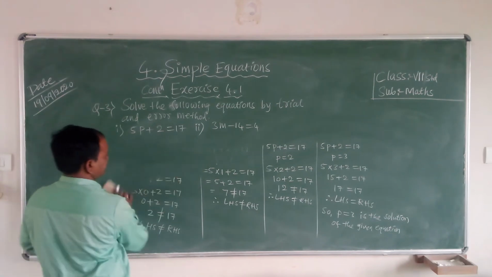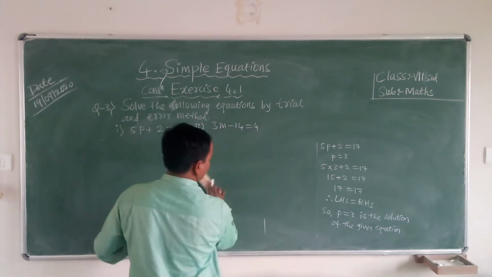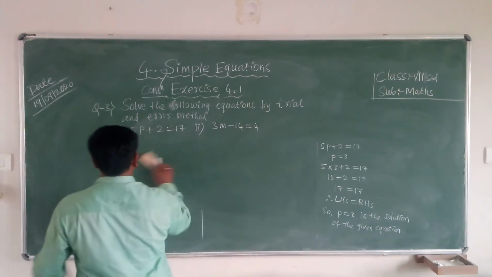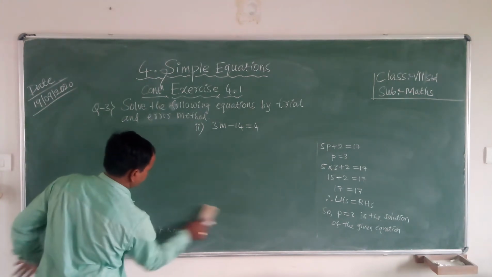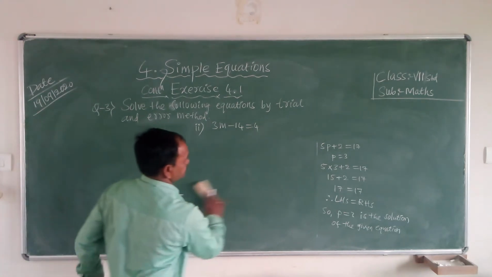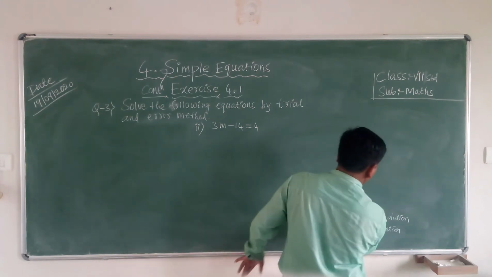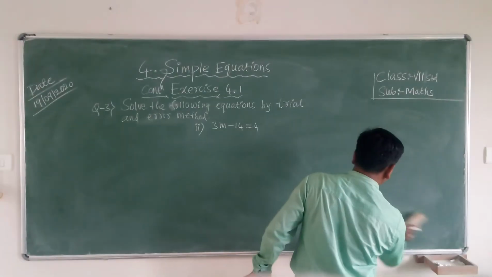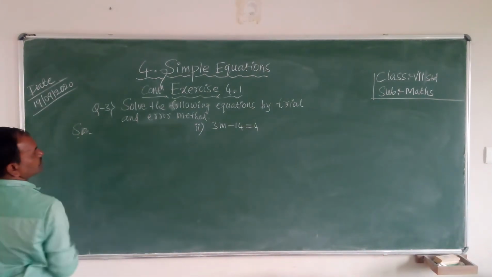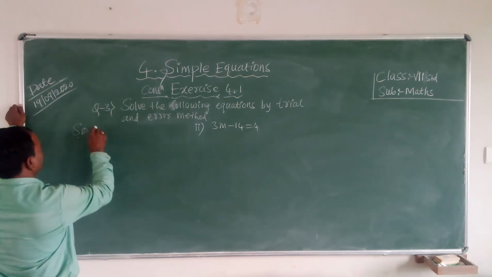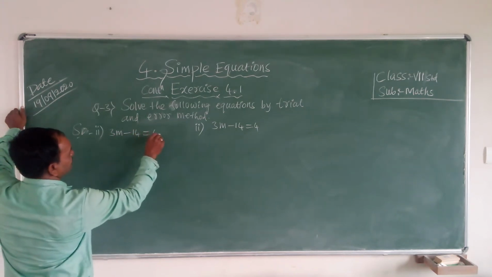Second one. Sulochana, now second one: 3m minus 14 is equal to 4, right?